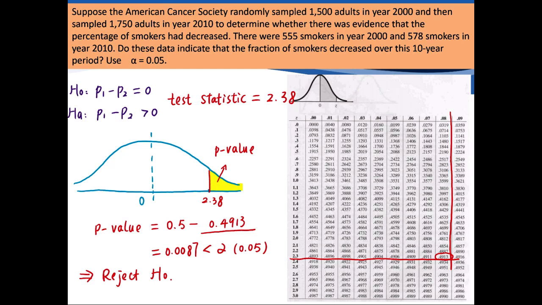So in this picture, the shaded area in yellow is the p-value. It equals 0.5 minus the table value. So the result is 0.0087, and compared to alpha, which is 0.05, the p-value is smaller than alpha, so our decision is reject H0.